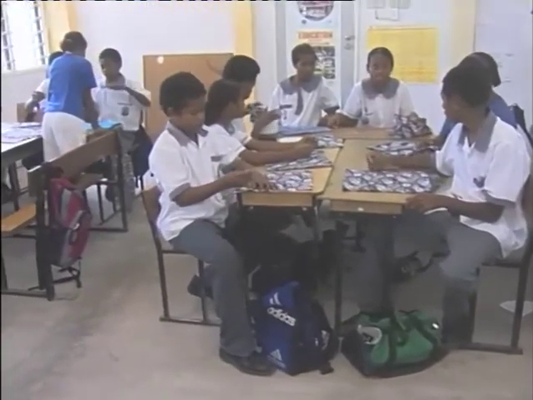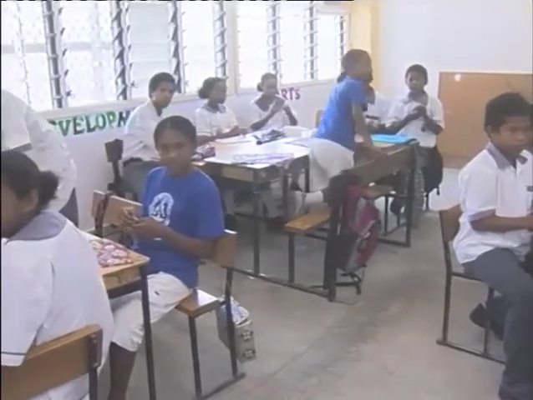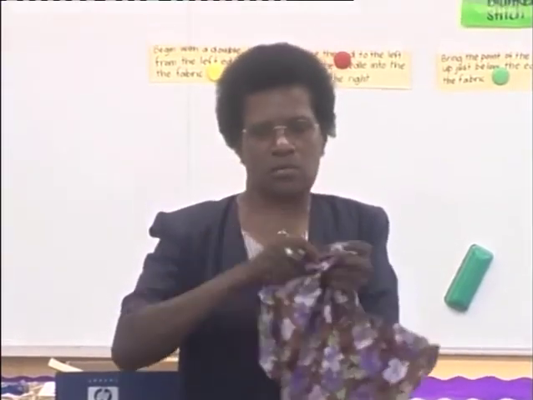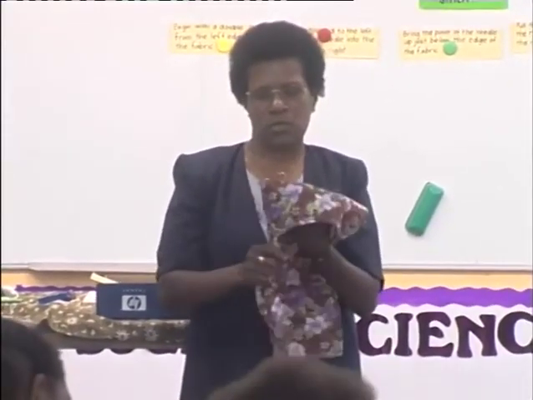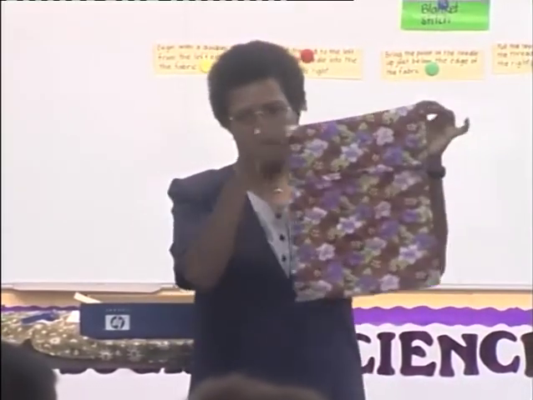Now, look this way, please, class. Brandon has already turned this flap over. Now, if your flap is the right way, I'd like you to turn it back, okay? You have to turn the flap back. So it is all inside out.